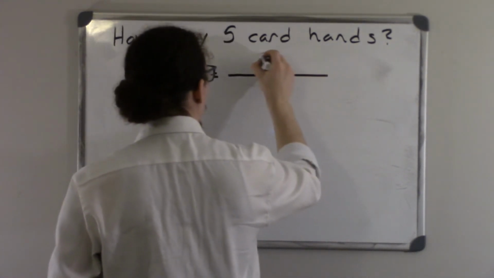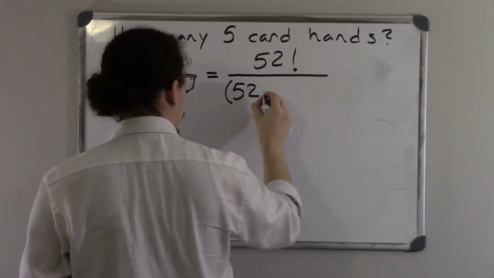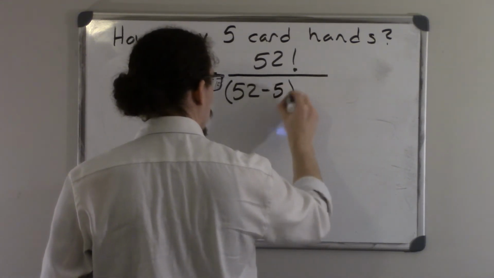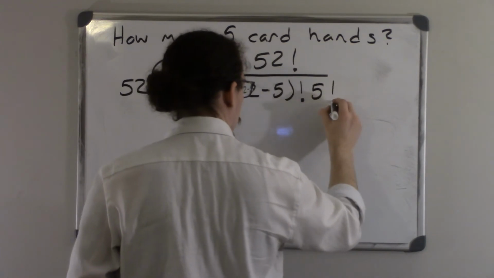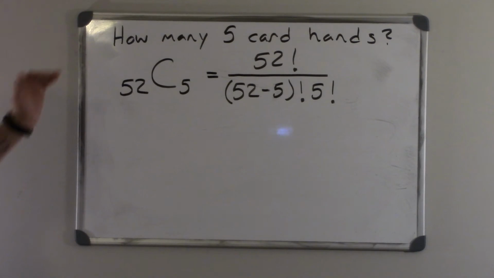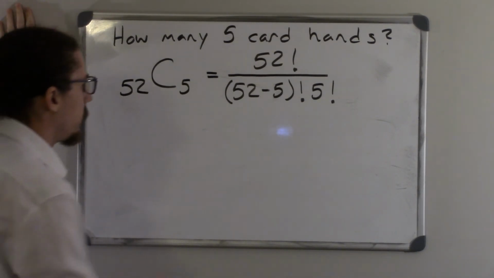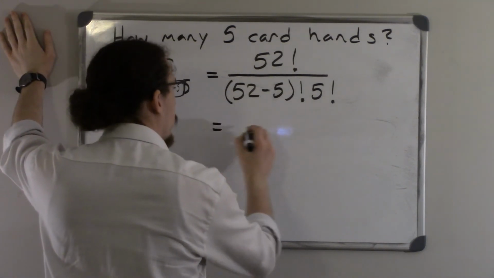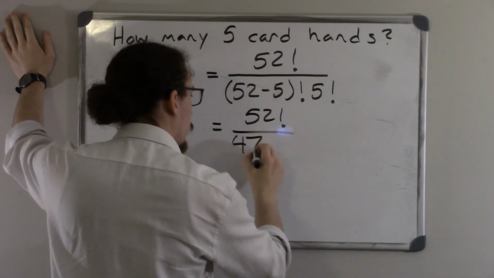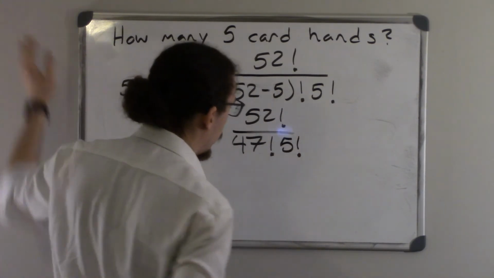So we have the factorial of 52 divided by the factorial of 52 minus 5 times the factorial of 5. We're going to simplify this just a little bit. We're going to bring it to 52 factorial over 47 factorial times the factorial of 5.